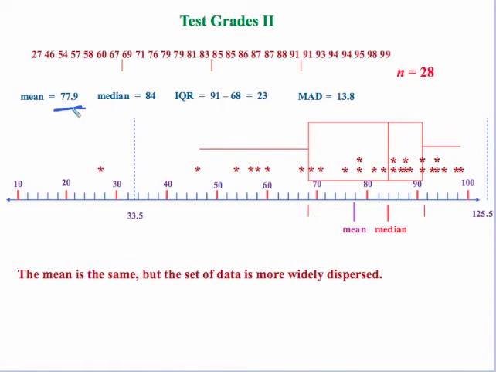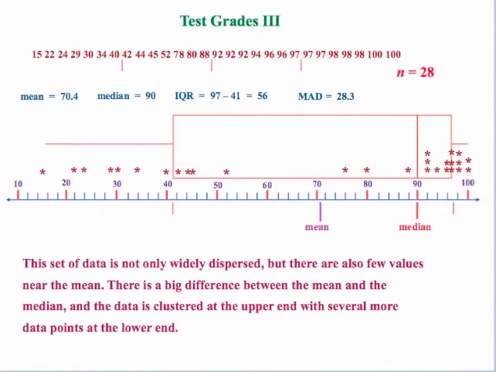Those are much larger than in the previous data set, which again parallels what the data looks like. Again, it is a lot more widely dispersed. In this case, there's a lot more at the upper end. So in this case, as a teacher, not too bad, although there were several students that did poorly.